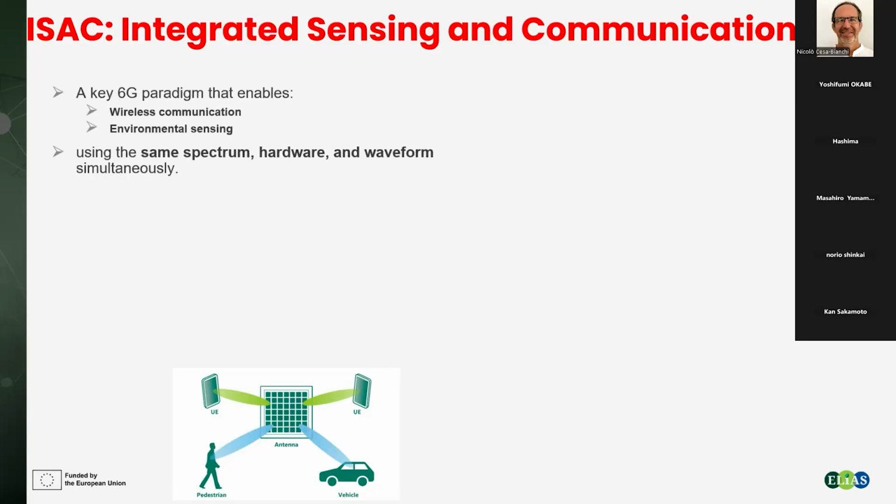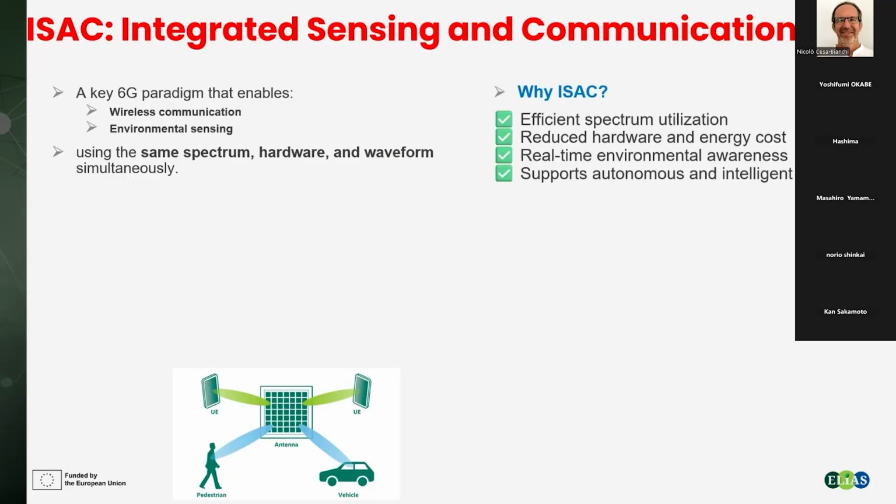And we use the same spectrum, hardware, and waveforms for both wireless communication and environmental sensing. And this is efficient spectrum utilization, and we reduce the hardware and energy cost. And it provides a real-time view of the environment, which is important for applications like autonomous driving and supporting autonomous and intelligent systems.